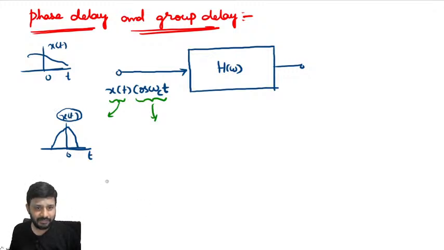Now, if I say rectangular pulse, this kind of shape we are going to have. How do we get a rectangular pulse? By adding different sinusoids with different frequencies, we get this kind of shape.